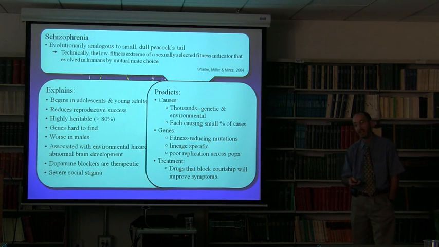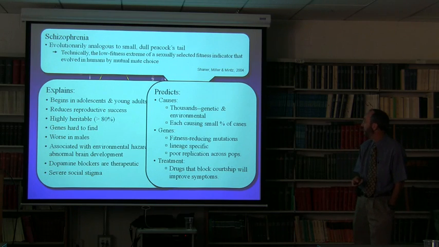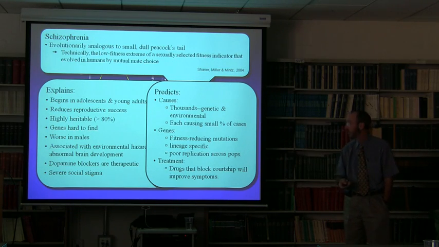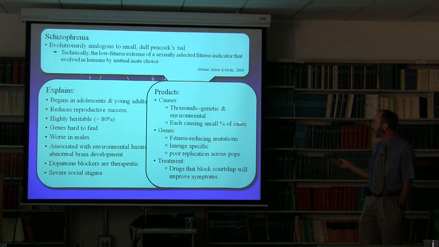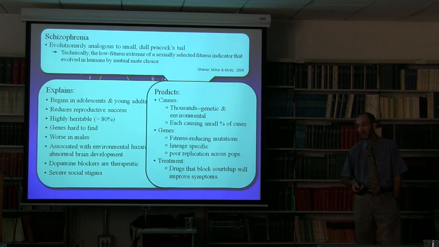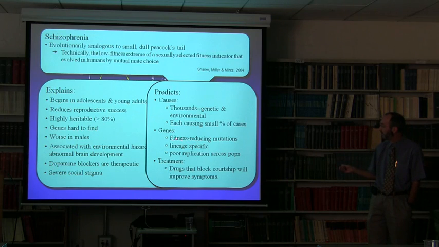And it predicts that there will be thousands of genetic and environmental causes, each accounting for only a small percent of cases. That most of the responsible genes will be fitness-reducing mutations, which, because they're fitness-reducing, remain lineage-specific and therefore replicate poorly in studies in different populations. And that drugs that block courtship will improve symptoms.